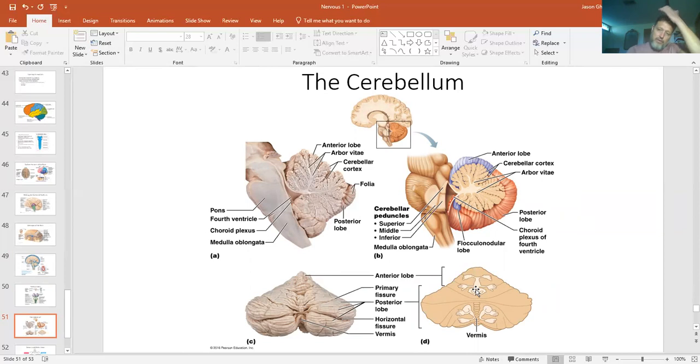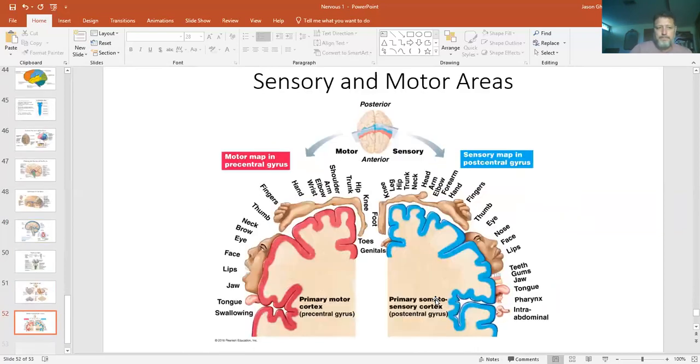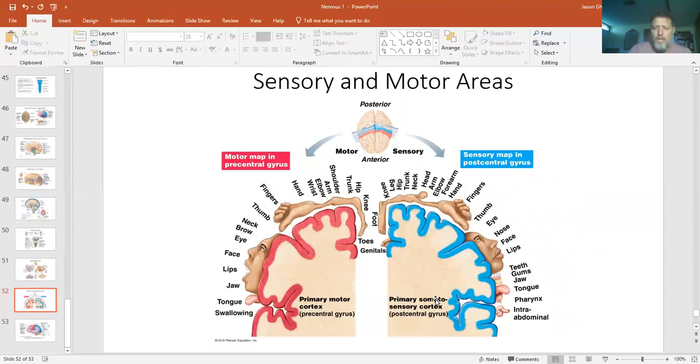These pictures show you the larger it is, they're showing you what part it's going to. This is right along the central sulcus. The red is going from the front to the back. So the red would be in front of the central sulcus, and the blue would be behind the central sulcus. And this is the higher order area, the cerebral cortex, which is the outer area of the cerebrum.